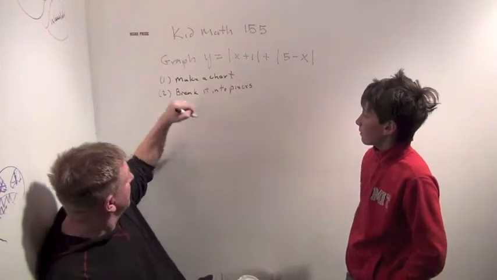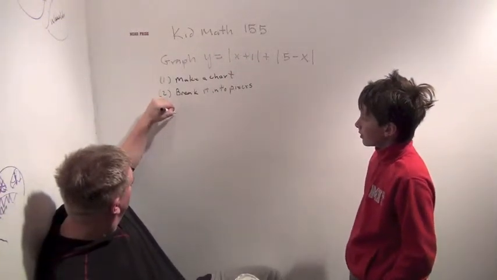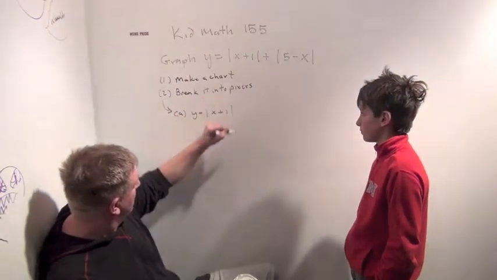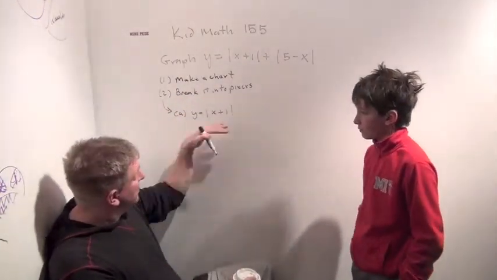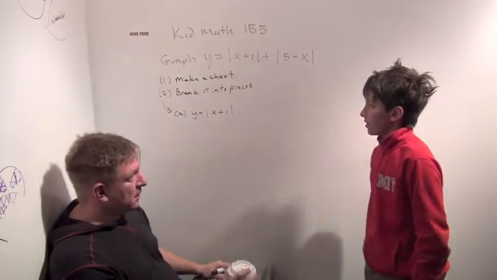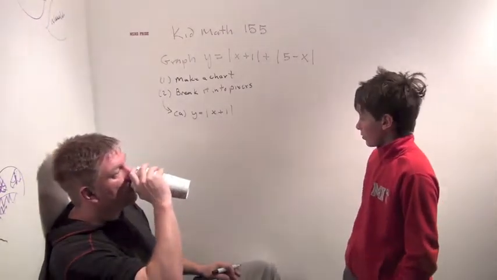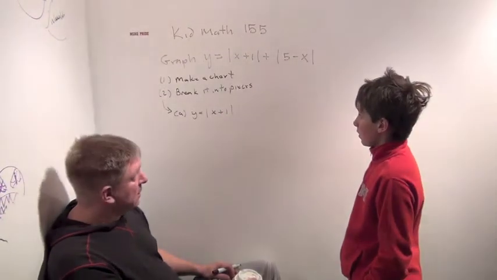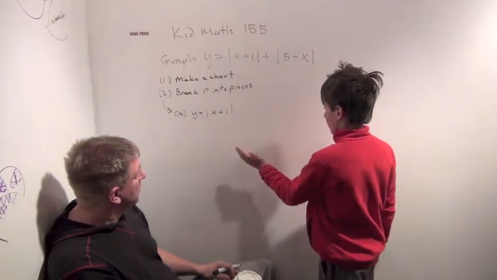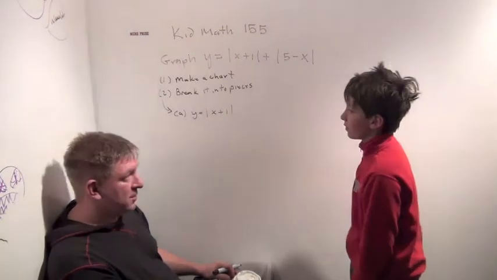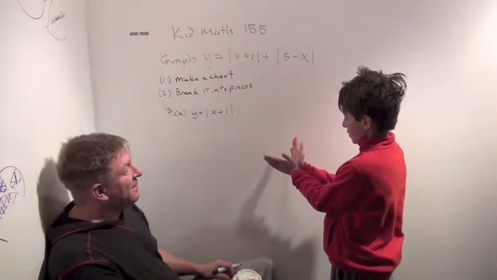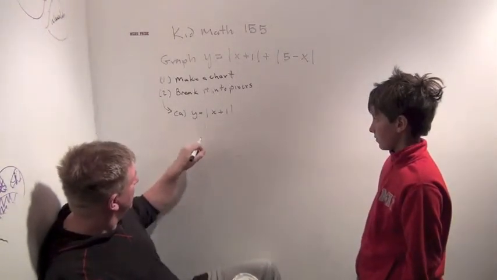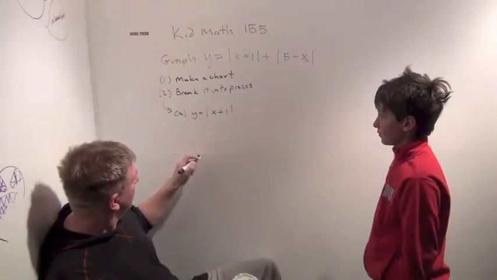Let's look at this graph first. I'll call it A, y equals absolute value of x plus 1. First of all, what is this going to look like? Well, its 0 is going to be at minus 1. It's going to have a slope of 1 and negative 1, so it's going to be a V. The slope's going to be plus and minus 1, with a 0 right here at minus 1.